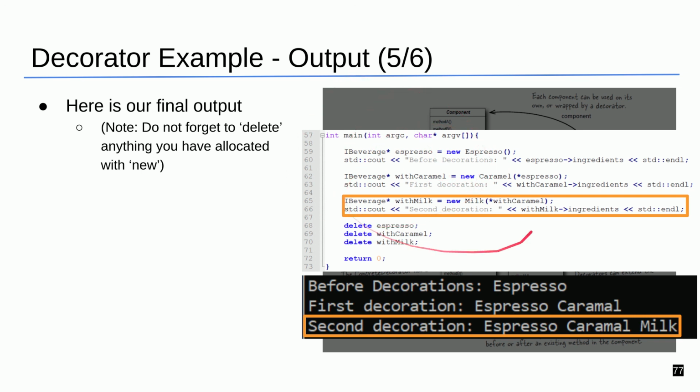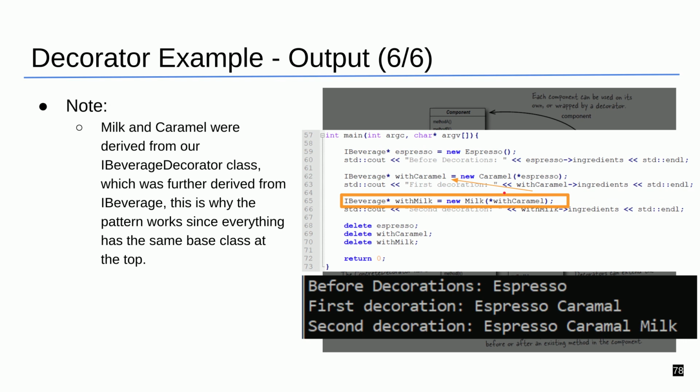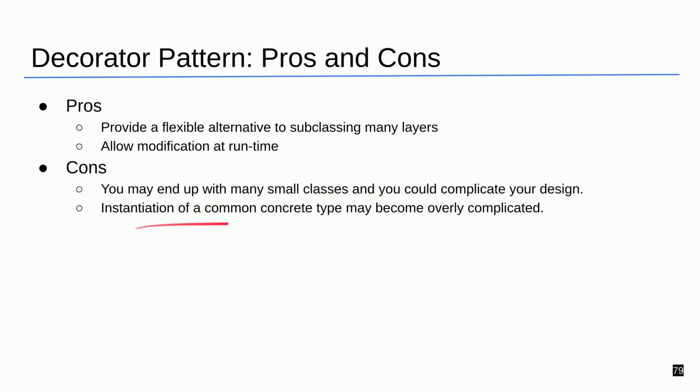This example, I would actually argue, you should use something like a builder pattern probably, but this one's fine for just illustrating how it works. But this is something to be cautious about on our cons here.